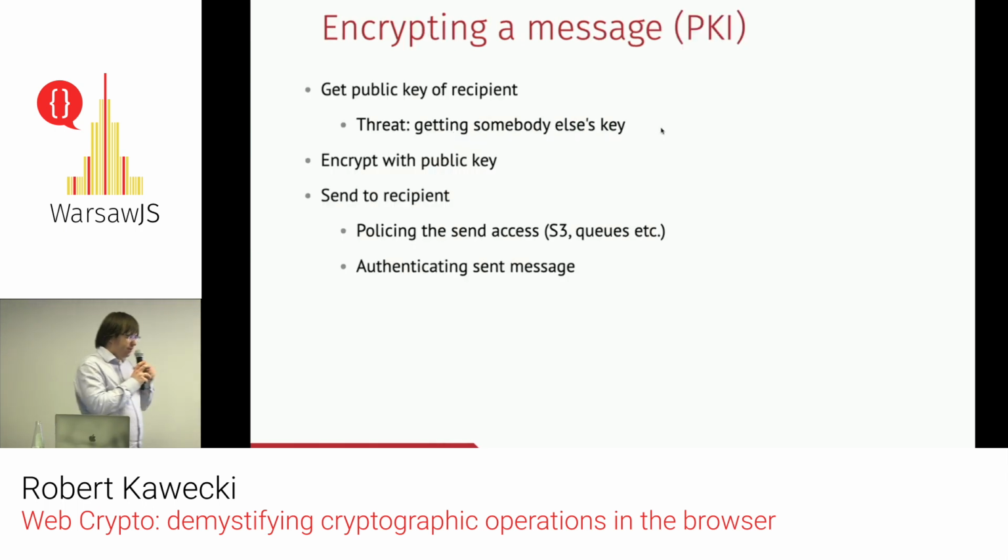Right, so first of all, to encrypt a message using PKI, we obviously need the public key of the recipient. And with the web platform, but also with any platform, to be fair, we first need to get the public key from somewhere. And actually, key exchange is the harder part of modern cryptography, because we've got all the algorithms implemented.